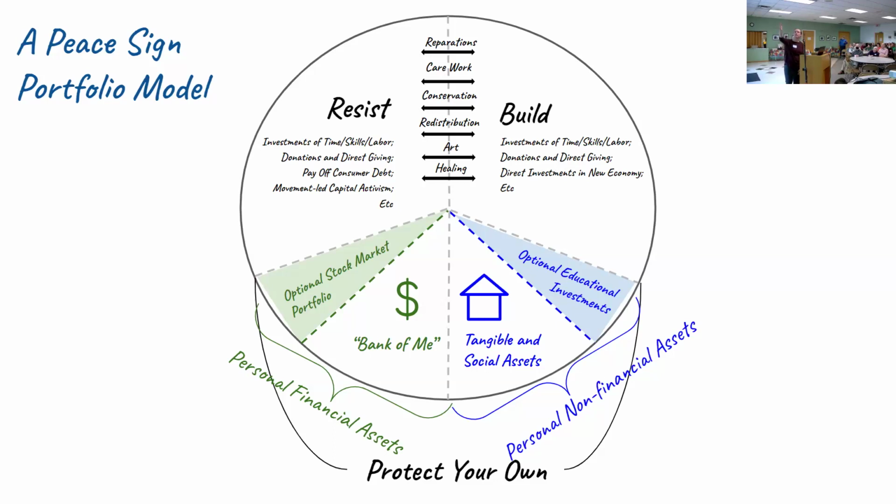And so the words I have in each section: I say investments of time, skills, labor, donations and direct giving. And then on the resist side, I say even things like paying off consumer debt, and then trying to work to put ourselves in a position where we can protect ourselves from going into consumer debt, and protect those close to us and in our community from going into consumer debt.